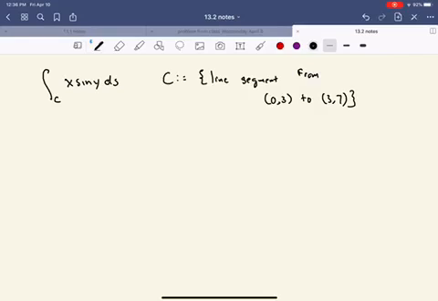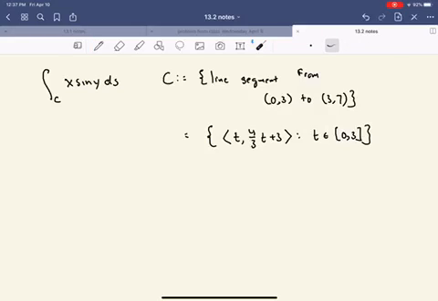Okay, so we could write that as follows. If I think about this as the line, it's got a y-intercept of 3 and a slope. It goes up 4 and over 3, so that would be 4/3. Up 4 from 3 to 7 and over 3. So I'm going to write this as t in x and 4/3 t plus 3 in y, and t goes from 0 to 3.